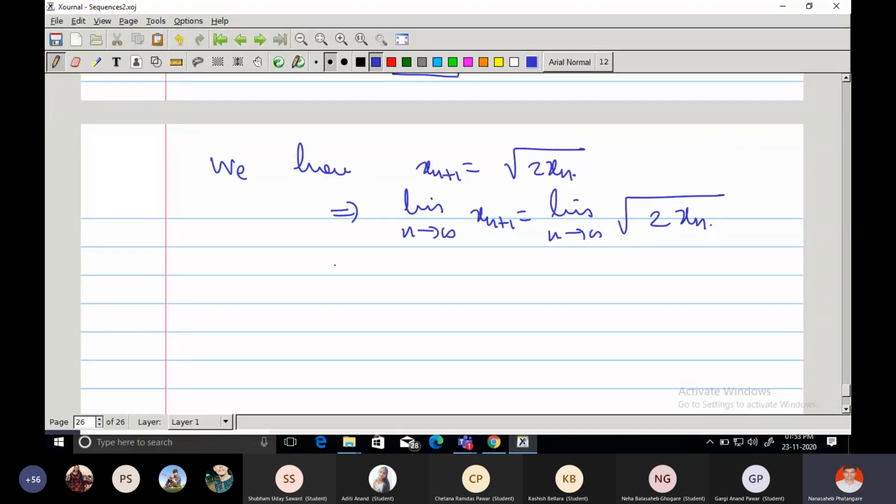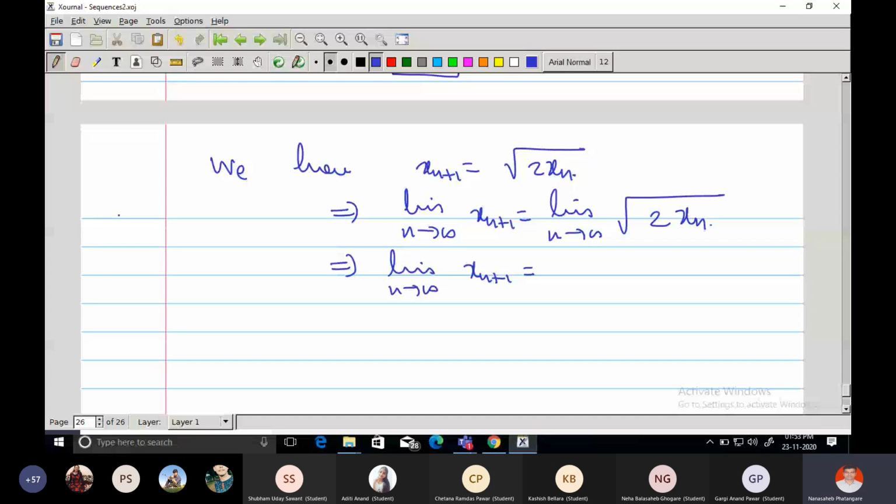Limit as n tends to infinity. Now, can I push the limit inside the square root? Yes, sir. And have we proved it before?